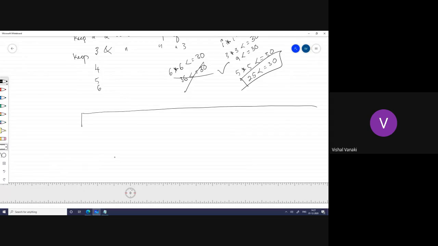How many numbers do I require? If my number is equal to 30, I require numbers from 1 to 30. So I will declare an array with a size of 31.